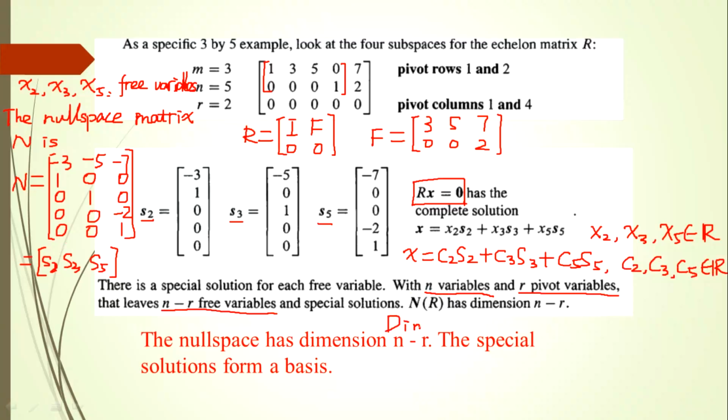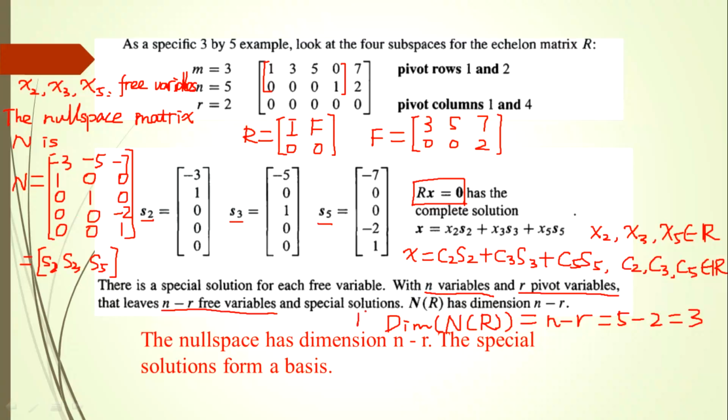The dimension of the null space of R depends on the number of special solutions. We have three special solutions, right? So the dimension of this null space is 3.